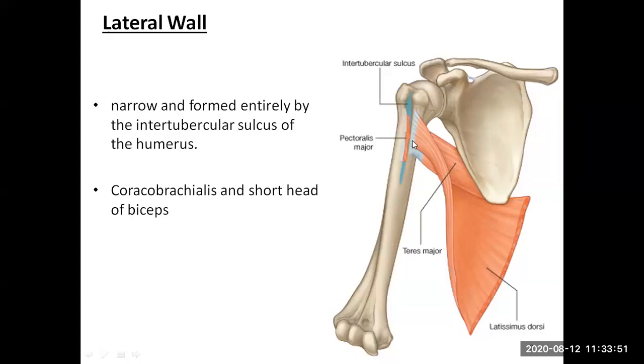This one is the latissimus dorsi muscle, attached in this sulcus. This one is the teres major muscle. So this lateral wall is very narrow. The lateral wall is formed by the humerus.